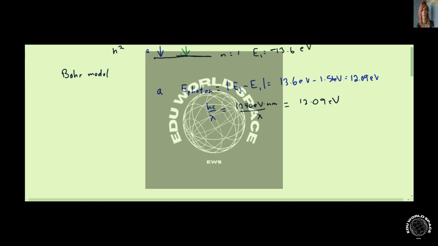It winds up to be 102, roughly. We'll say 102.6. We'll say 103. Keep it to 3 sig figs. And that is in the ultraviolet part of the spectrum.